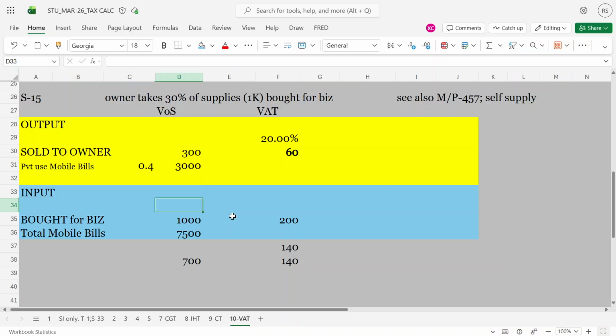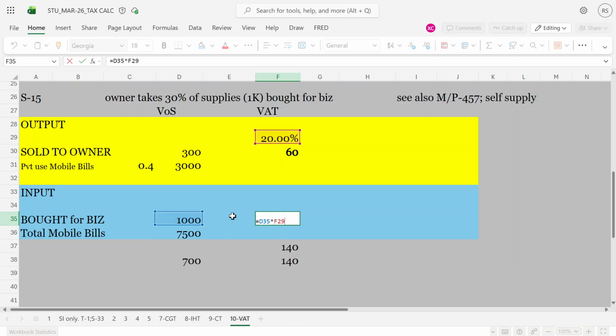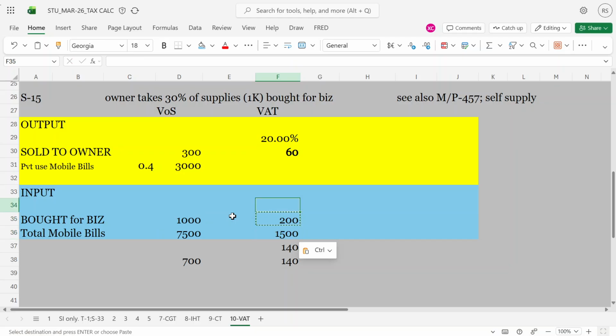So let's say you pay 20% tax on this. So all this actually should be F29, right? Now we can just adjust everywhere, and we can write this here. Oh, it is still 600.